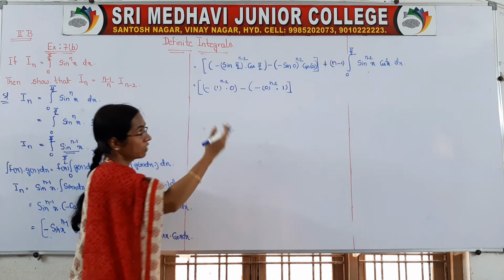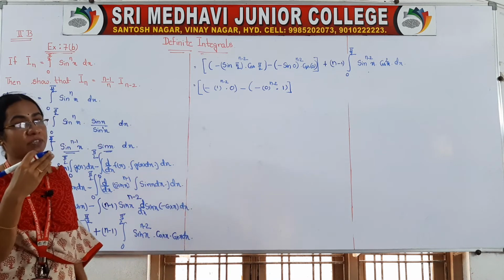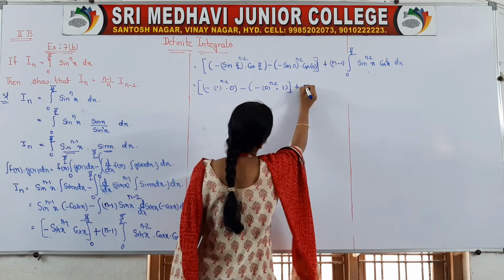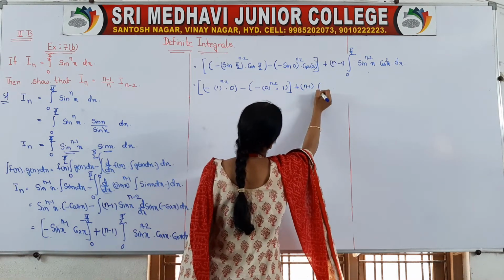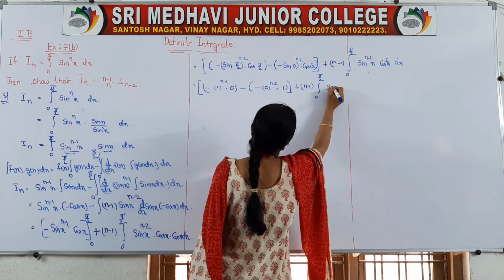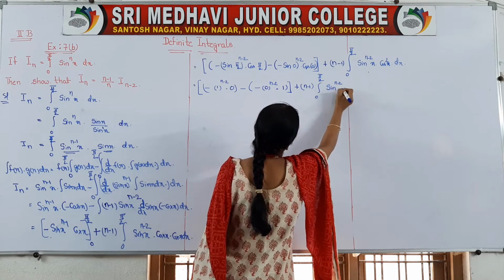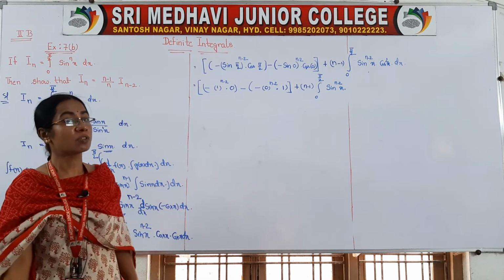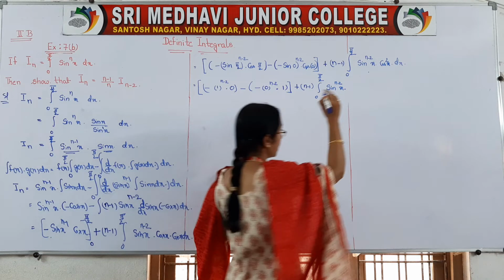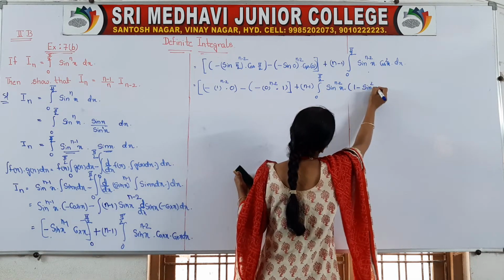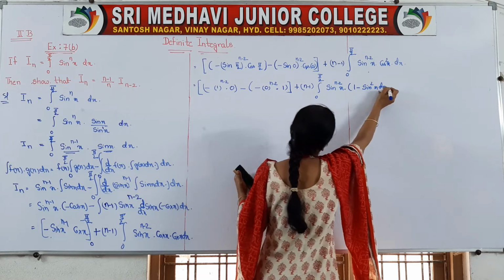So we have taken the upper limit values and lower limit values. There plus n minus 1 into integral 0 to pi by 2 sin of n minus 2x into cos square x dx. Cos square x dx, from identity we can write this as 1 minus sin square x dx.